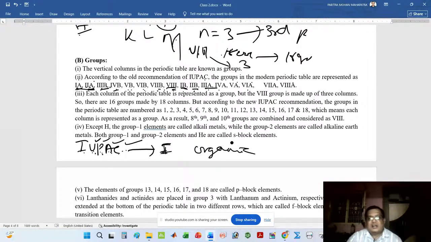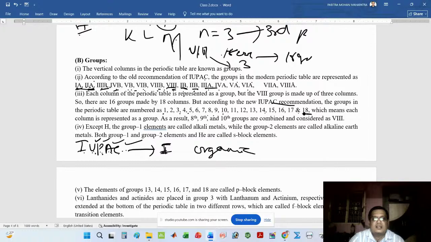As per the international organization, all the things are verified and they are satisfied. So, as per the old recommendation of IUPAC, these are the groups. But in the new IUPAC recommendation, the groups are numbered 1, 2, 3, 4, 5, 6, 7, 8, 9, 10, 11, 12, 13, 14, 15, 16, 17, and so on.